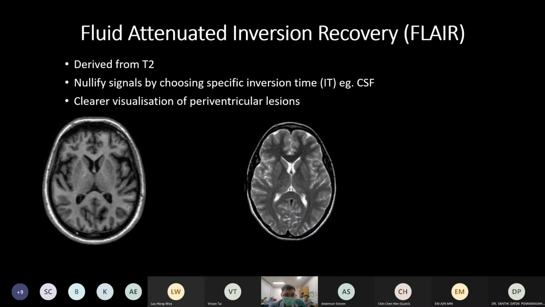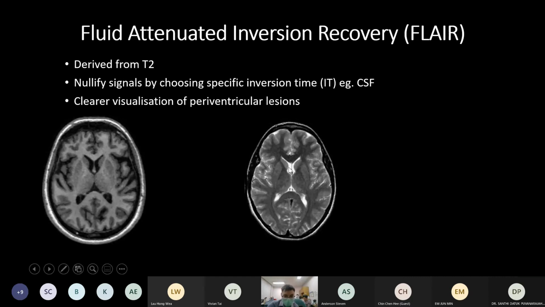It's basically, like I say, derived from T2, and what we do in FLAIR sequences, we will nullify the signals by choosing a specific inversion time. As you can see here, this is actually T1 because gray will appear gray, white will appear white. Okay, and the CSF here is dark. And this is T2 because we know that the gray matter still appears gray, but white matter is dark. Okay, and you can see the CSF is clear, bright.